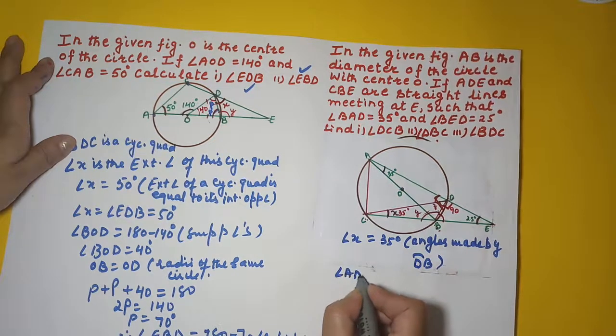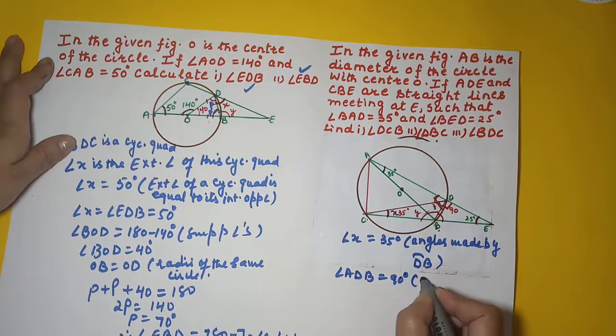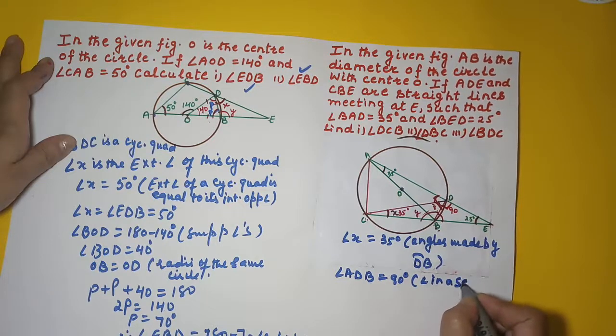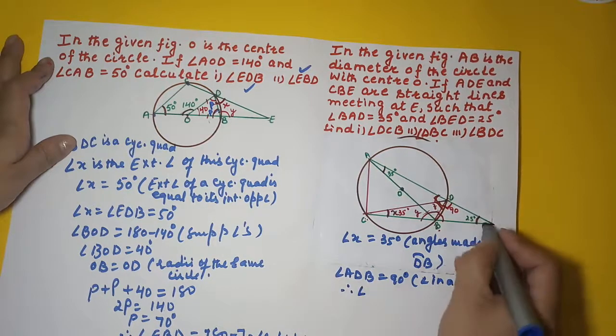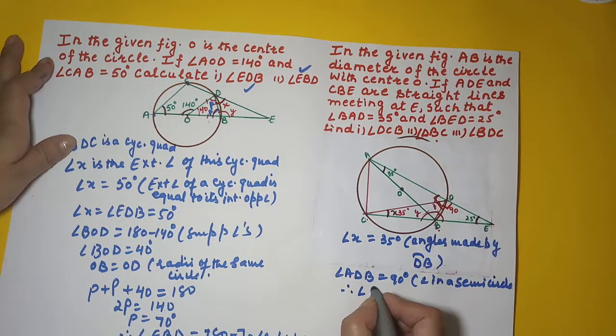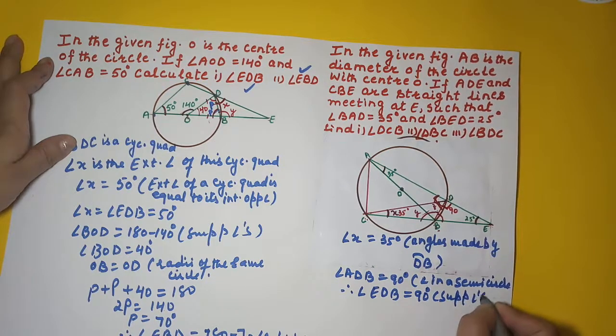Angle ADB is how much? 90 degree. Why? Because that is angle in a semicircle. Therefore, angle EDB will also be 90 degree. Supplementary angles. We got this angle also.